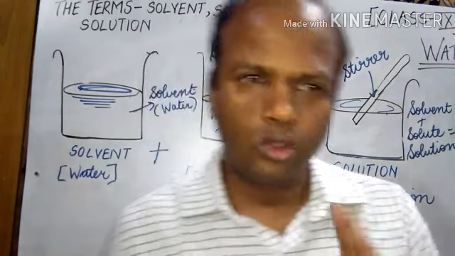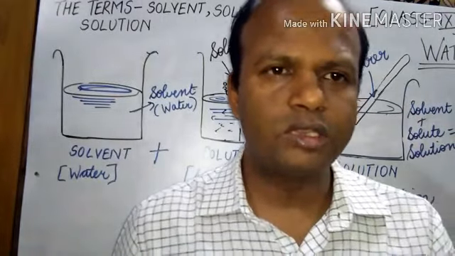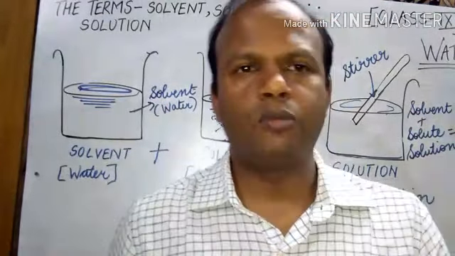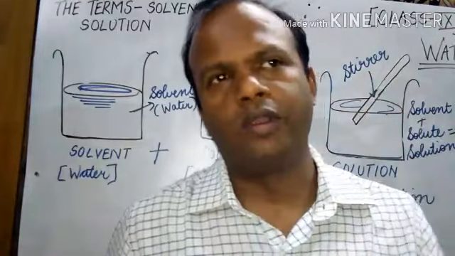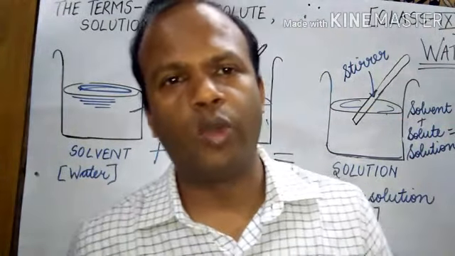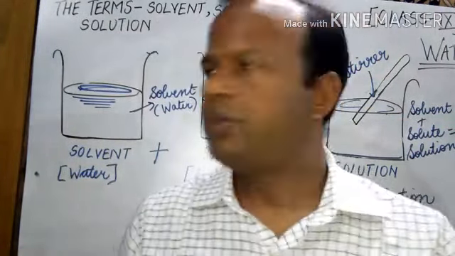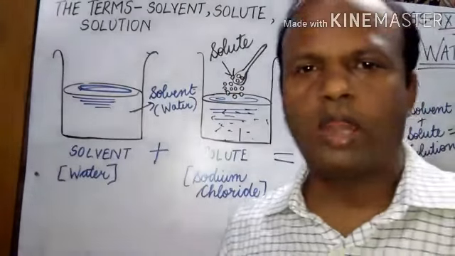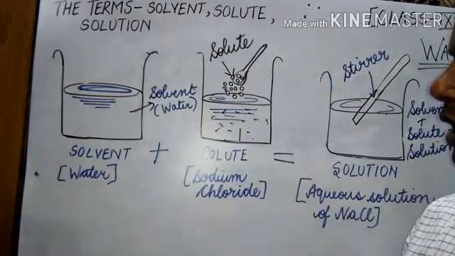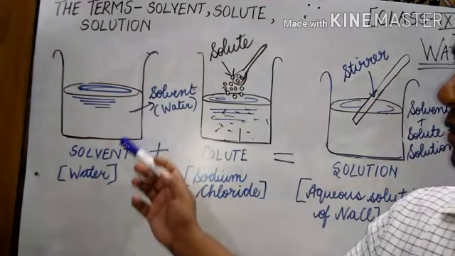That is clear. So we are going to study binary solutions, in which solid is the solute and the medium is the liquid. Now I have a diagram from the book only. Now we have a solvent in the form of water.